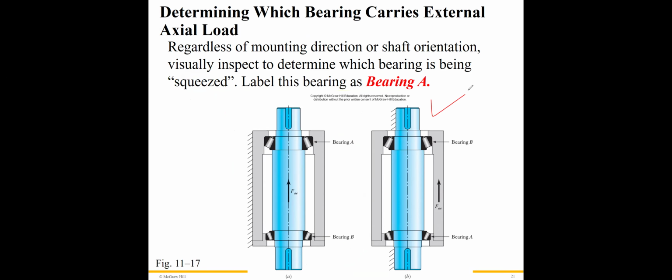For this case, with the external axial loading applied, which bearing is being squeezed? Of course, bearing A. Therefore, in both cases, bearing A is being squeezed, and bearing A is subjected to the external axial load.